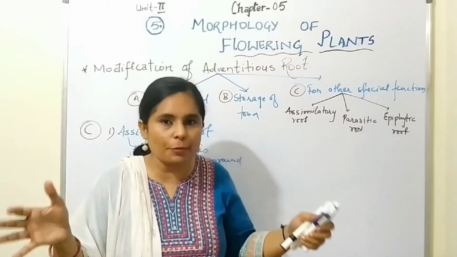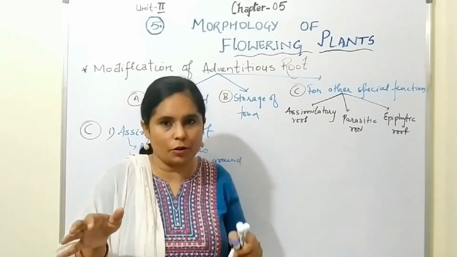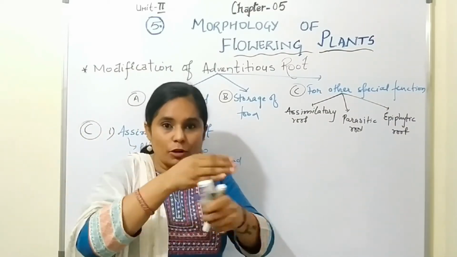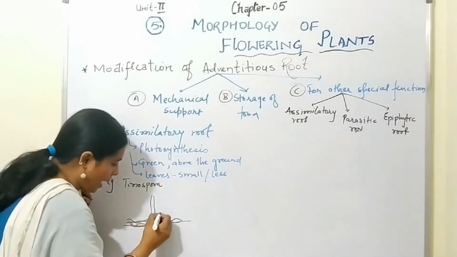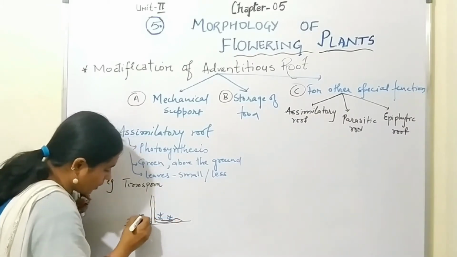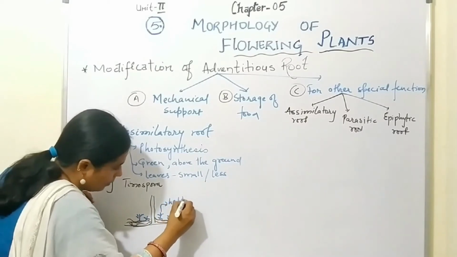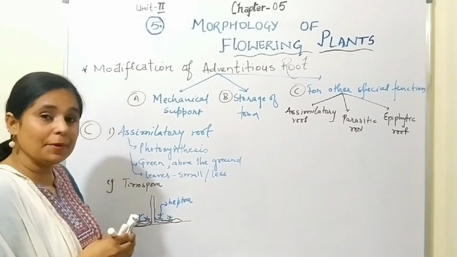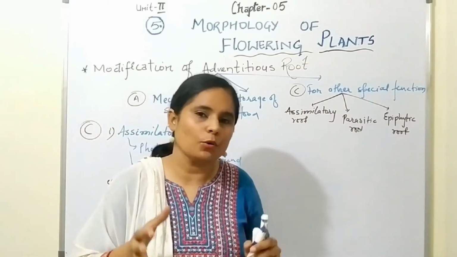They should not occupy a large surface area. They should not spread a lot. For that, these roots will have such a structure which is called heptera. And heptera stops these roots from spreading too much.